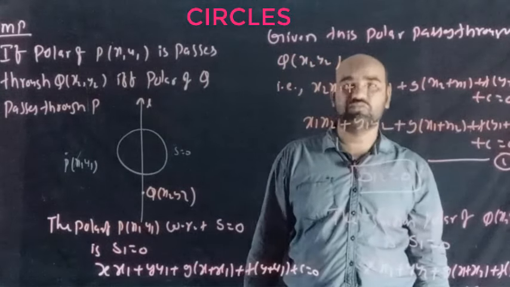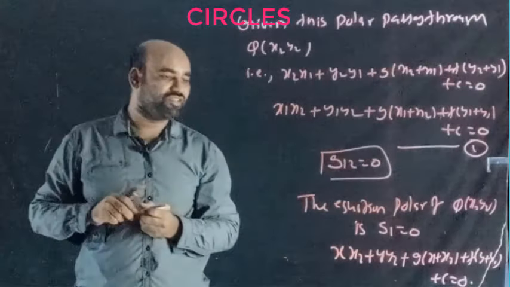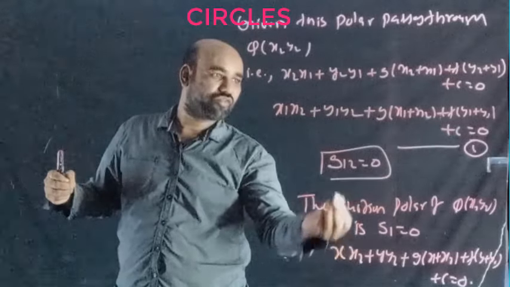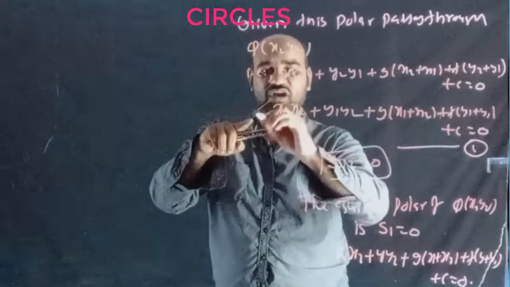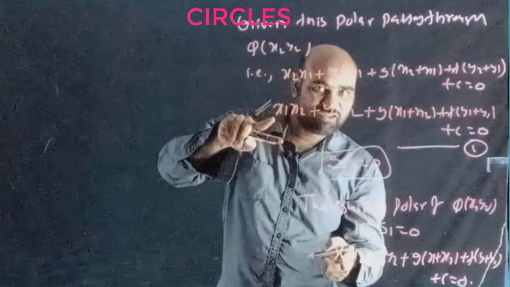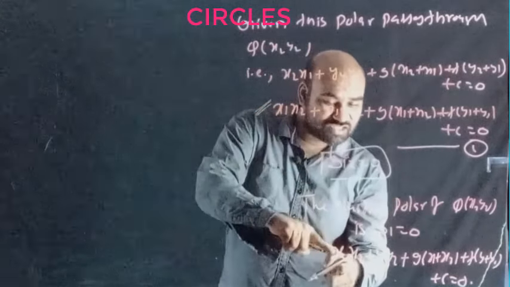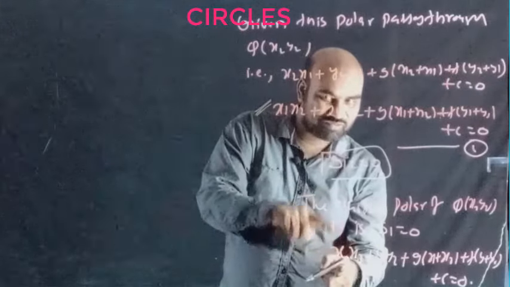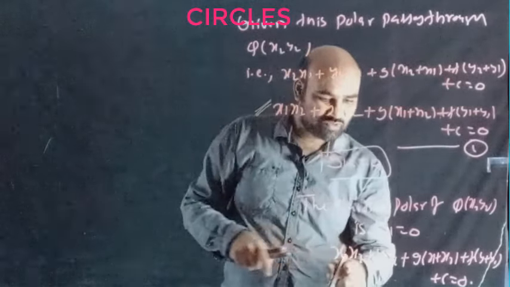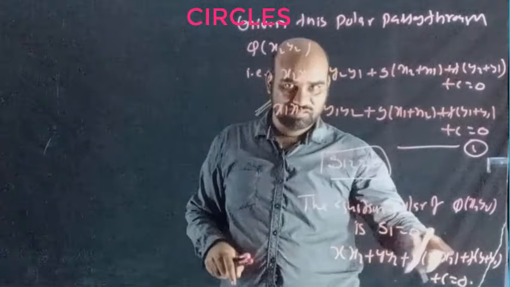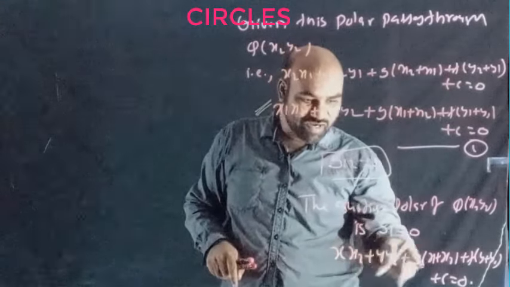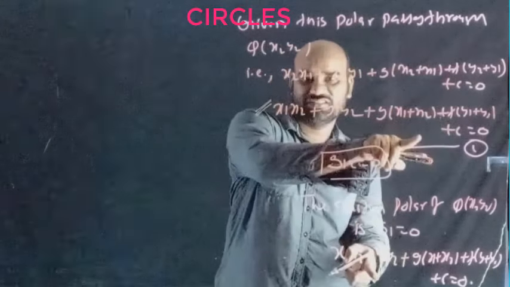Okay students, observe equation 1, what is it saying? So this is the equation of the polar of Q. Equation 1 is saying that on this line (x1, y1) is there. Observe, this is a straight line. Put the point (x1, y1) on this straight line, then you will get the same result, equation 1.